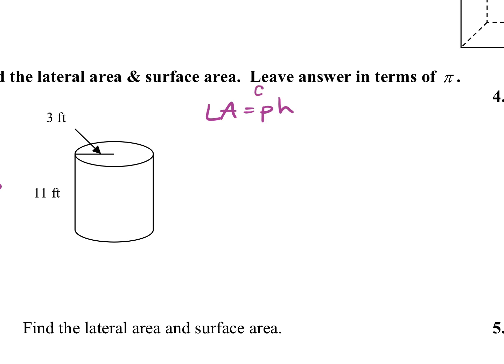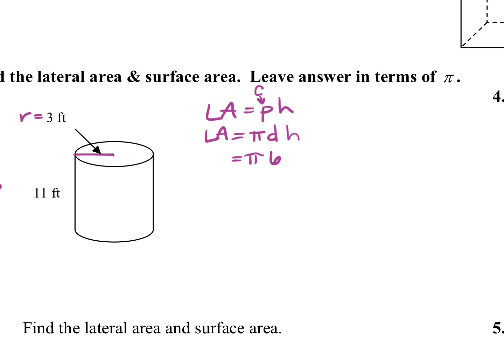So if we need this to be circumference, what's the formula for circumference? Pi d. So we are doing pi times the diameter times the height. What is the diameter? 6. If the radius is 3, right? This is the radius. The diameter is double that, so 6.